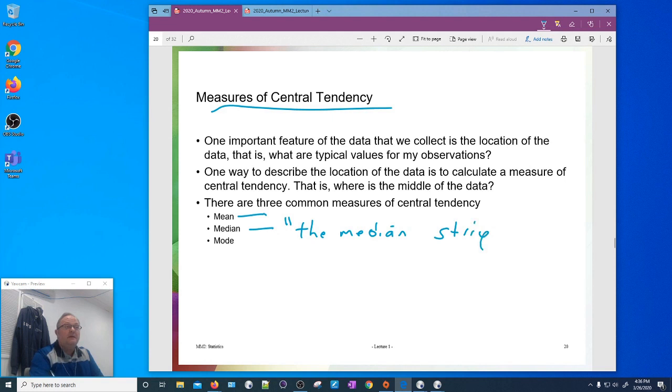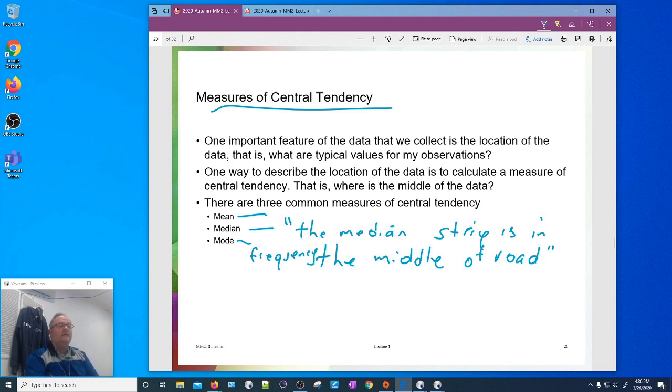The median strip is in the middle, middle of the road. And of course mode is the frequency, and we're going to discover all of those shortly.